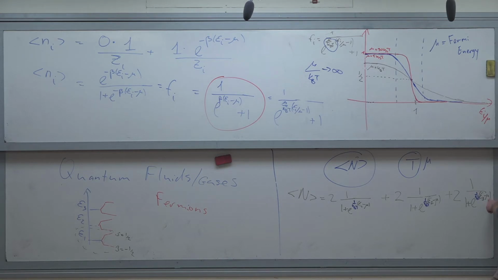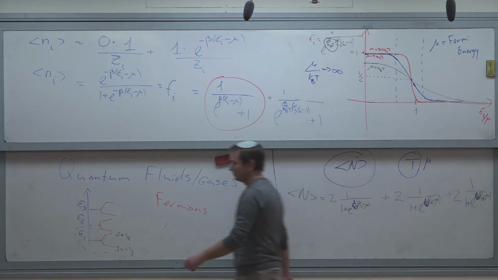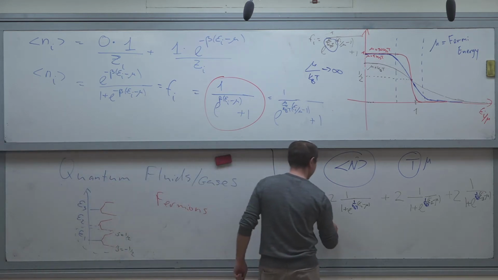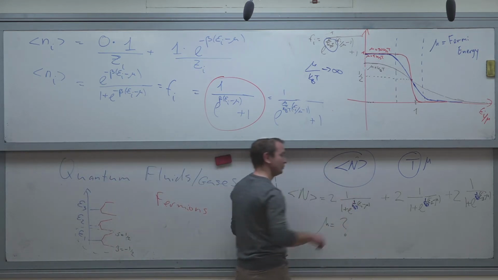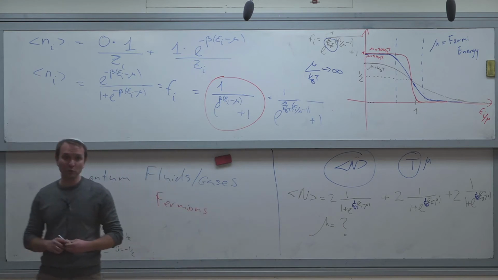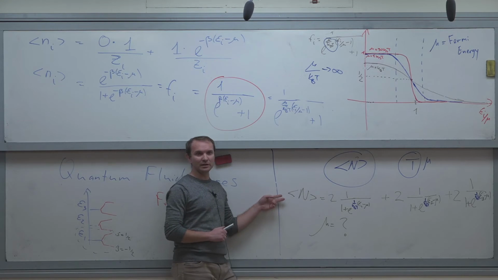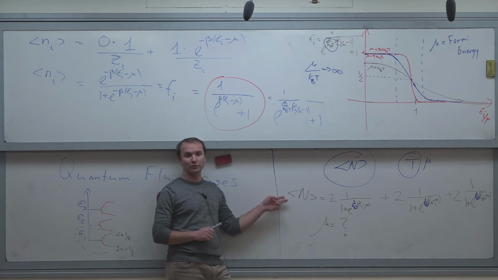So how do I determine mu? I have to solve this equation and find mu equals what? You already see that this is actually unsolvable, even for this simple system of 3 states, 6 states. I cannot solve this easily.